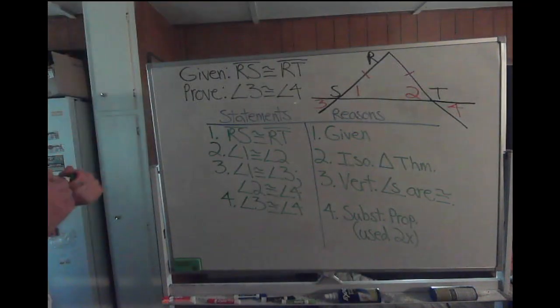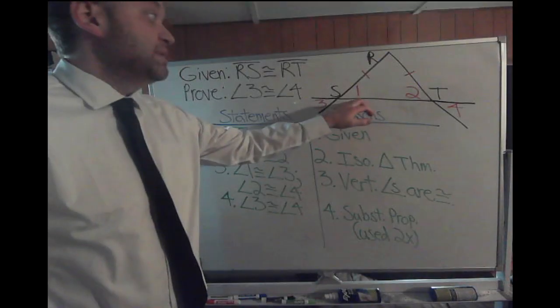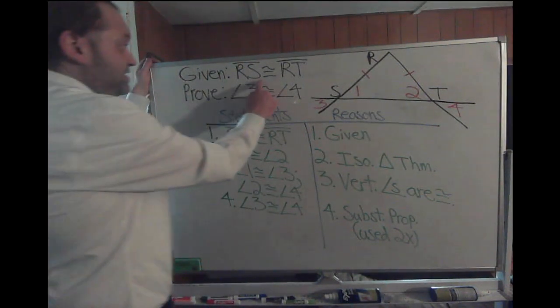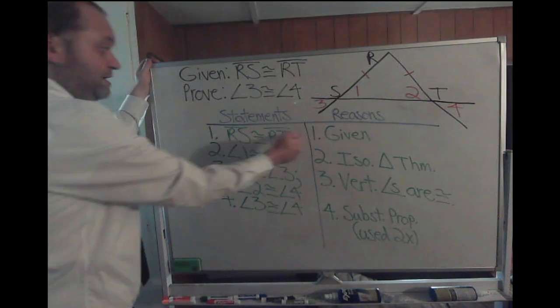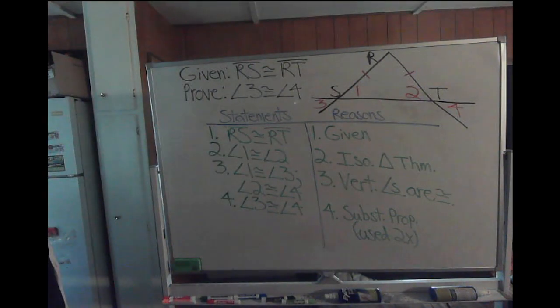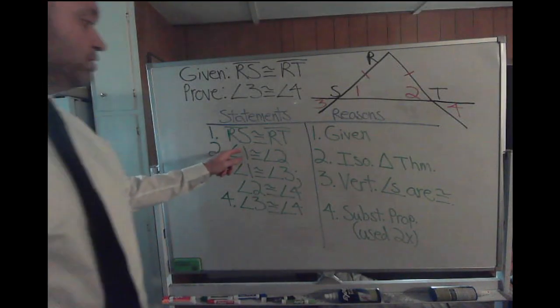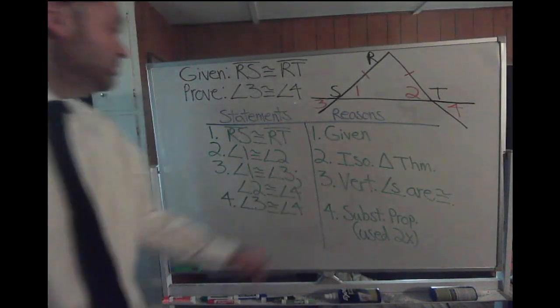Okay, so let's go through this proof real quick. We were given a triangle here with some extended sides that created some angles. They gave us that RS is congruent to RT. That was our given statement. That was the reason for that. From there, we could conclude that angle 1 is congruent to angle 2 by the Isosceles triangle theorem.